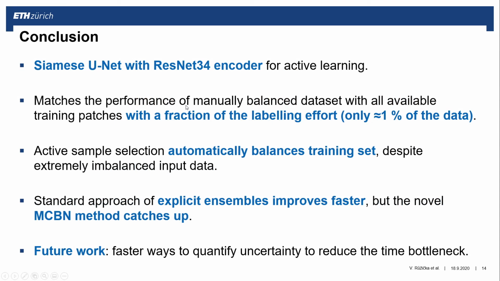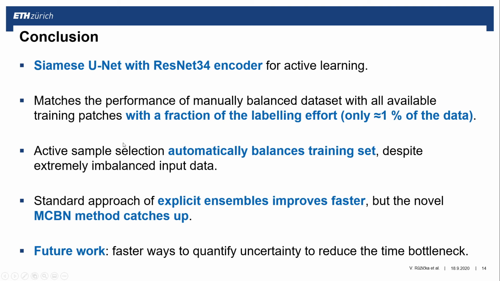So in conclusion, in our paper, we have designed a Siamese UNet model with a pre-trained ResNet34 encoder with the specific requirements of active learning in mind. Both of the tested methods match the same performance as a baseline approach which had access to the whole labeled dataset with only a fraction of the labeling effort, so only 1% of the data.